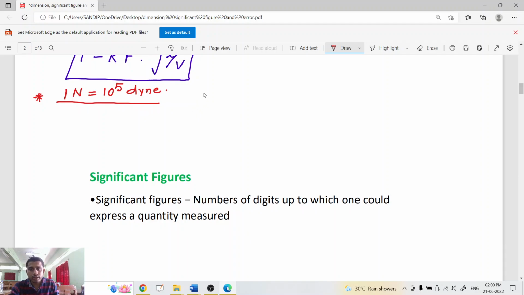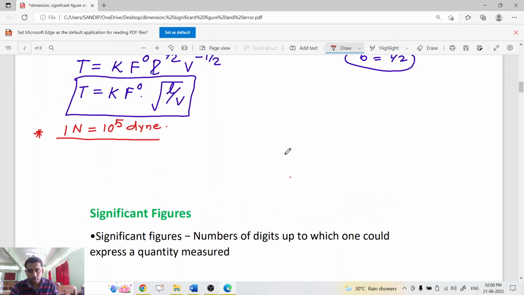Okay, actually we have to know which quantity has the units Newton and dyne. As Newton and dyne are actually for force, we have to know the dimension of force. Dimension of force is M L T to the power minus 2.